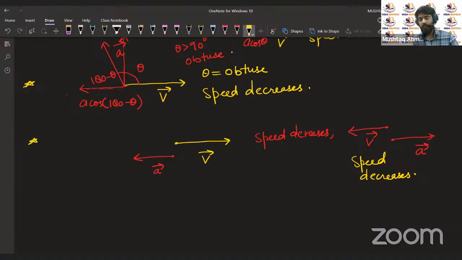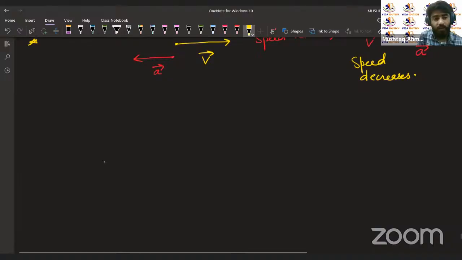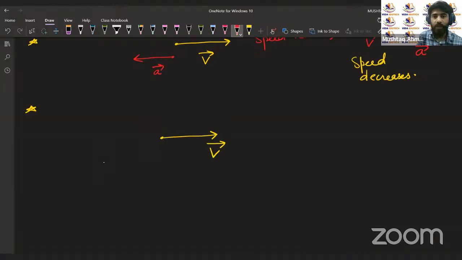So that was it with respect to how acceleration and velocity vector are related, how acceleration changes the speed, whether it decreases the speed, increases the speed, or whether it only changes the direction of the velocity, right? Suppose that the velocity is along this direction, and the acceleration is completely normal, or perpendicular to the velocity vector.